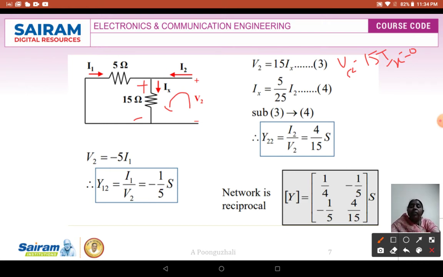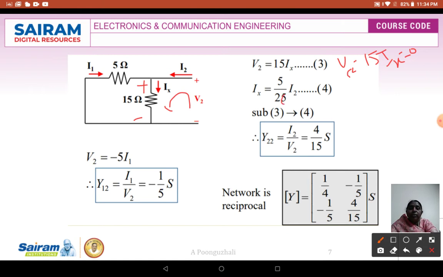Now I find out Ix. I know the total current I2. So here in this case, I can apply my current divider rule. Because here, Ix is equivalent to, I want the current through the 15 ohm, which is total current into the opposite resistance, 5 ohms, divided by the total resistance, which is going to be 15 plus 5, 20. So we write it as 5 divided by the total resistance, which is going to be 20 ohms.